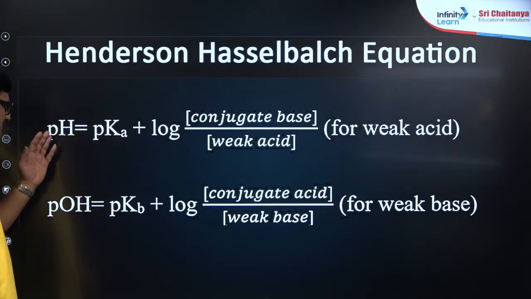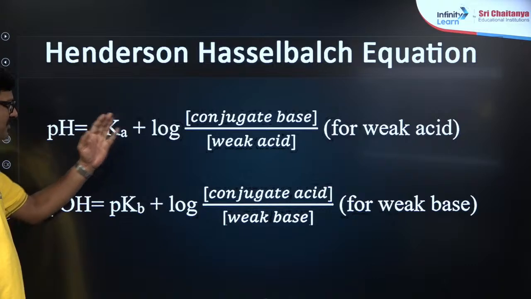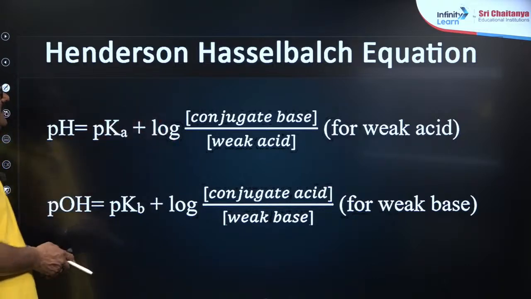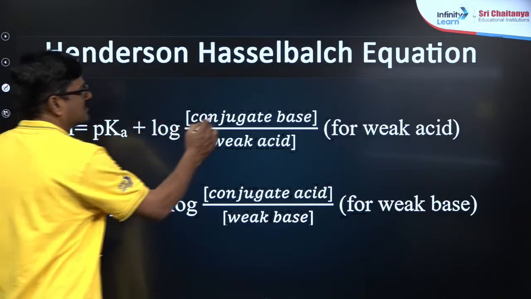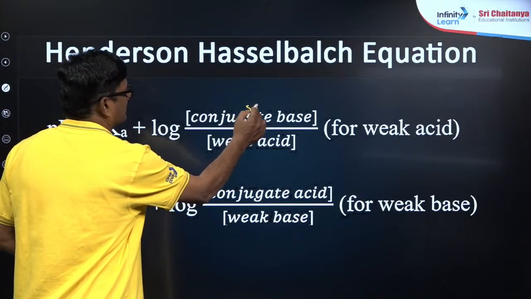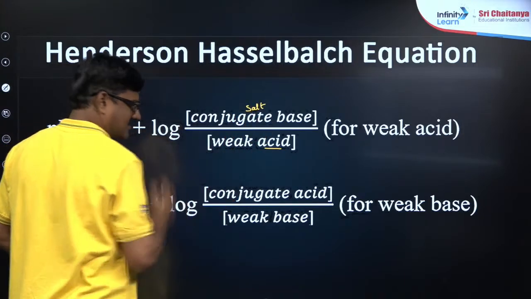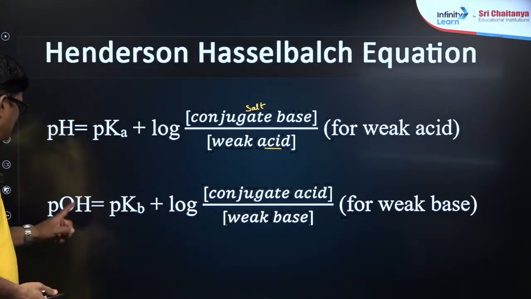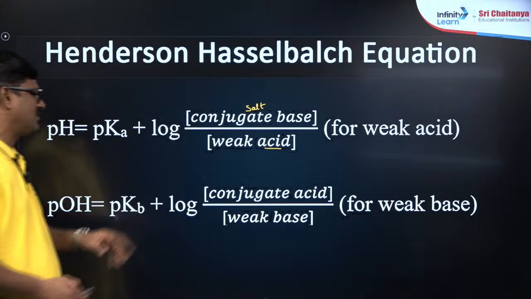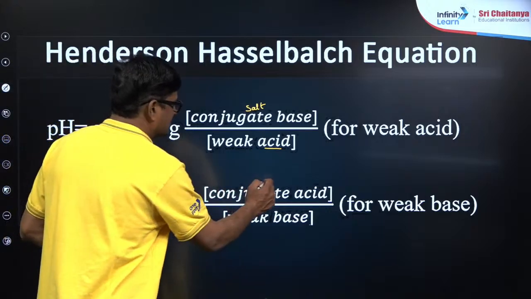For an acidic buffer, pH is equal to pKa plus log salt upon acid, where the salt is the conjugate base. And for a basic buffer, pOH is equal to pKb plus log of conjugate acid, meaning salt upon weak base.